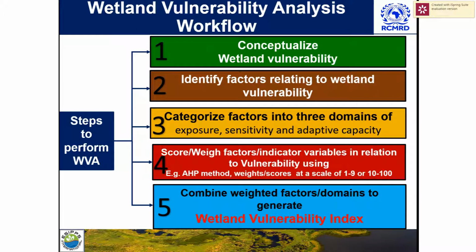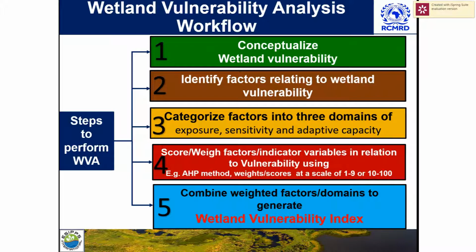Wetland vulnerability analysis workflow goes into about 5 steps. In these steps, we have already mentioned that you do the conceptualization of vulnerability. You identify the factors that are related to the vulnerability, categorize these factors into domains of exposure, sensitivity, and capacity.